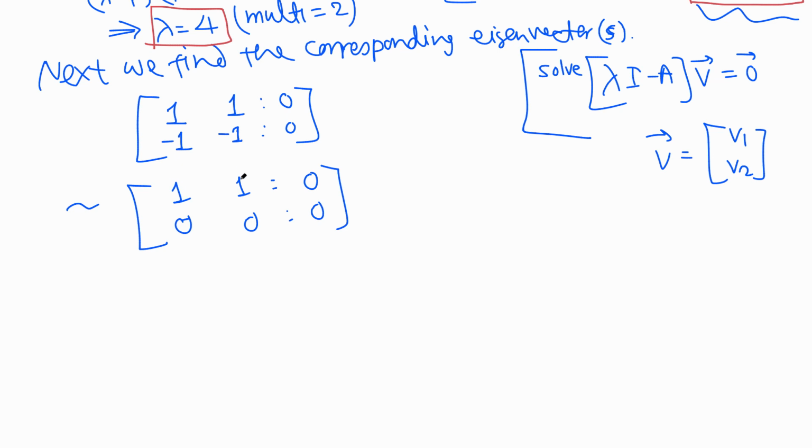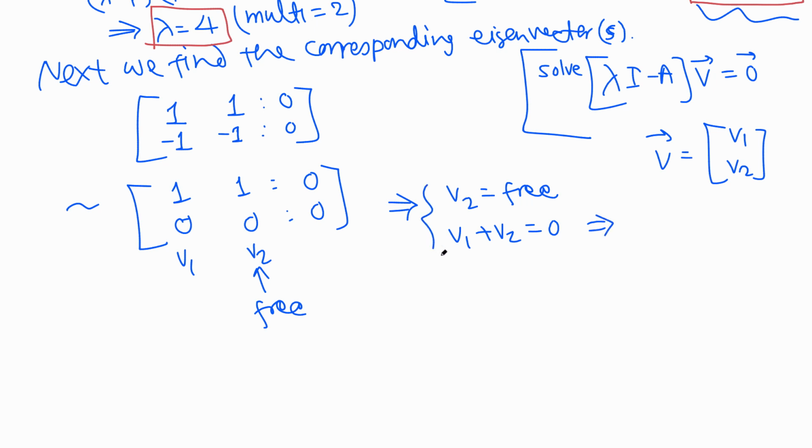There is no pivot in the second column, so v2 is free. 1 v1 plus 1 v2 equals 0, and v2 is free, so v1 equals negative v2.